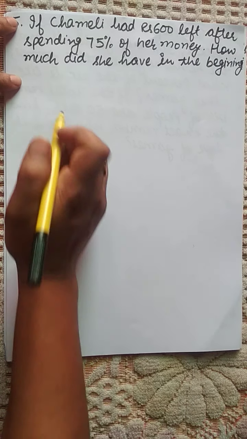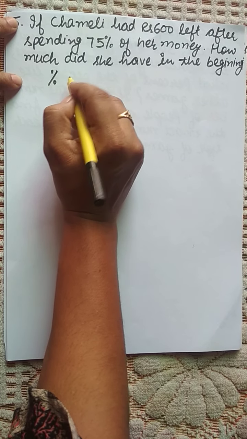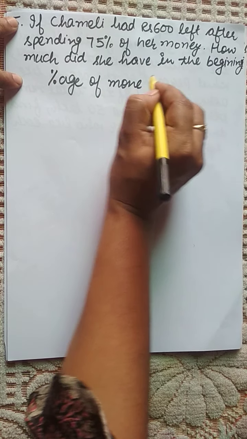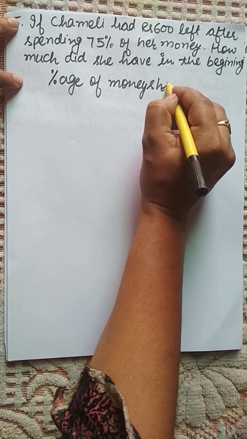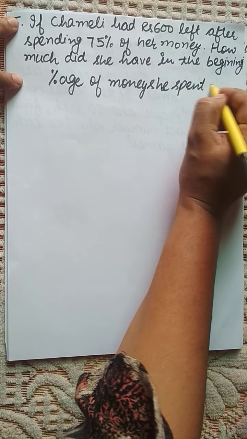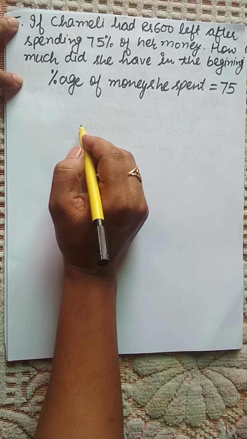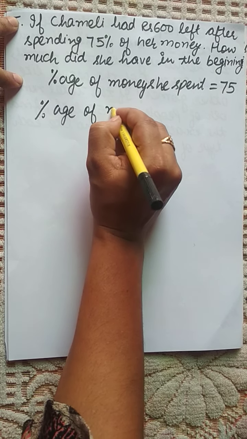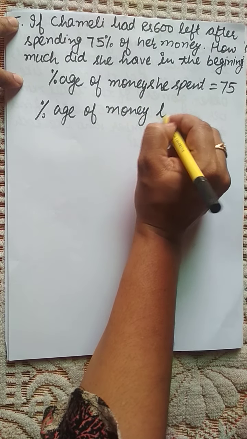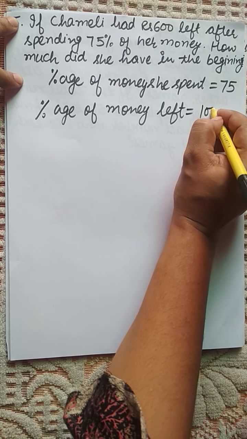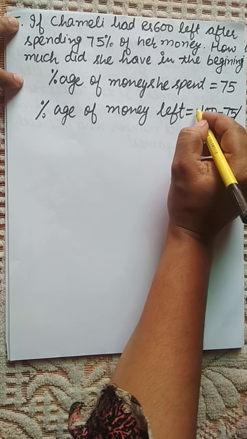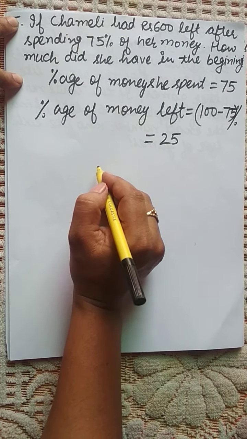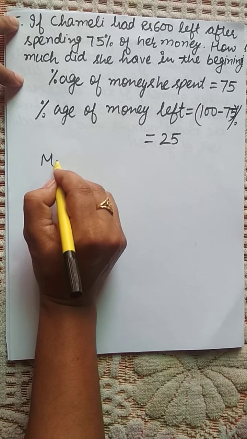So the percentage of money she spent is equal to 75%, and the percentage of money left is equal to 100 minus 75%, that is equal to 25.